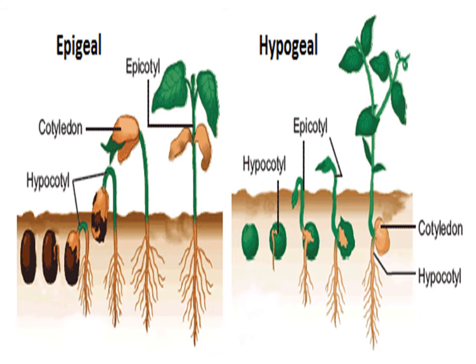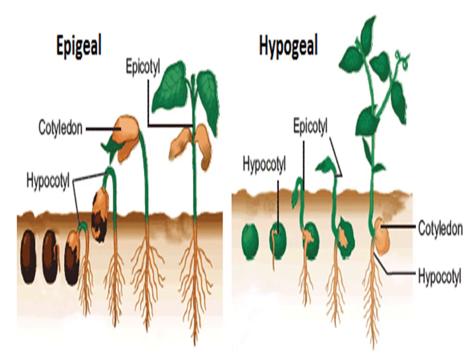On the basis of elongation of hypocotyl and epicotyl, there are two types of germination. In epigeal germination, that is the first one, the hypocotyl elongates and forms a hook, pulling the cotyledons above the ground. At home you might have seen the seeds of beans. In those seeds you are able to observe epigeal germination.